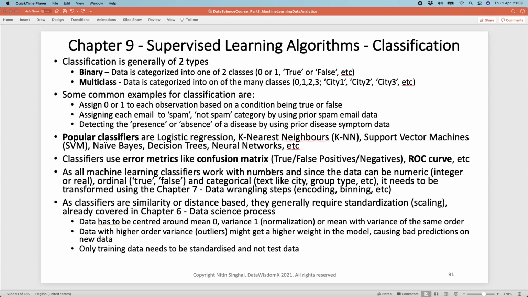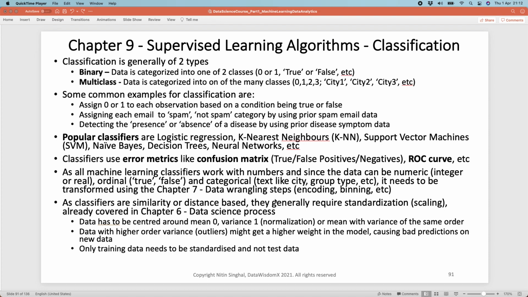Now, this is something which we've mentioned in the data science process and for regression, that machine learning models, in this case classifiers, work with numbers, and the data can be numeric, which is integers or reals, or ordinals, which is your true false type data, or categorical, which is just text data like cities, group types, or just textual information regarding the data, and you need to transform it into numbers.